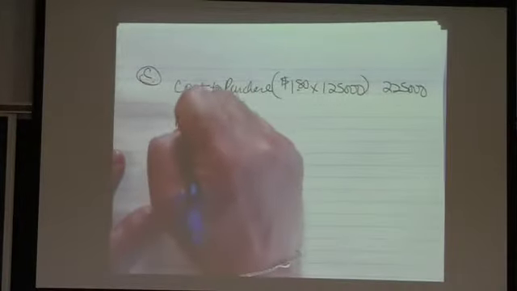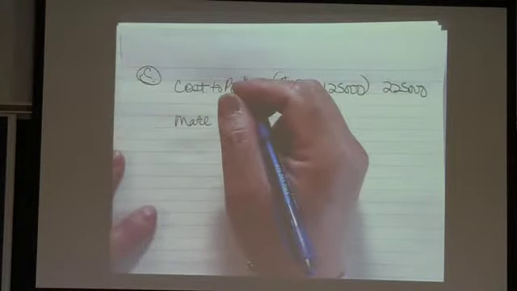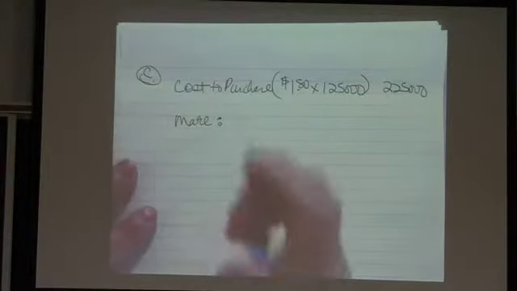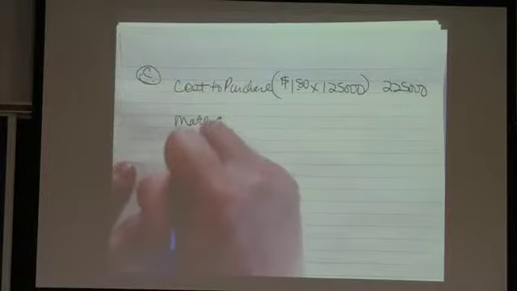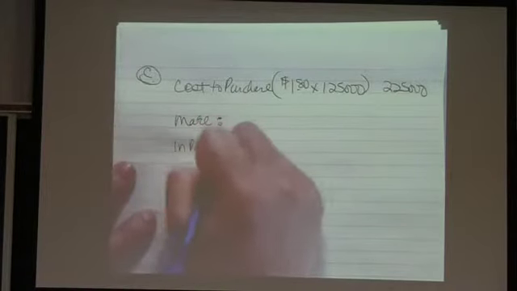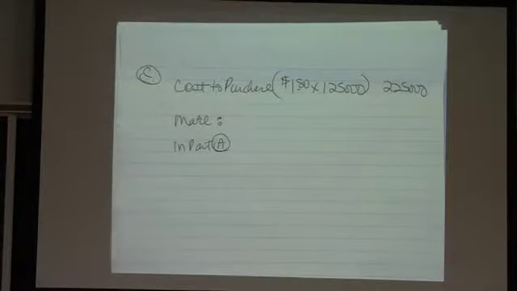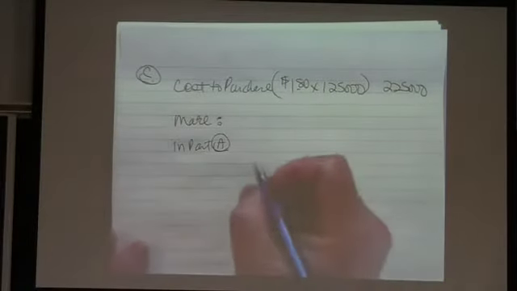And to make, what is it going to cost us? Well, we saw in part A that to make was going to be 170,000 for 100,000 units.